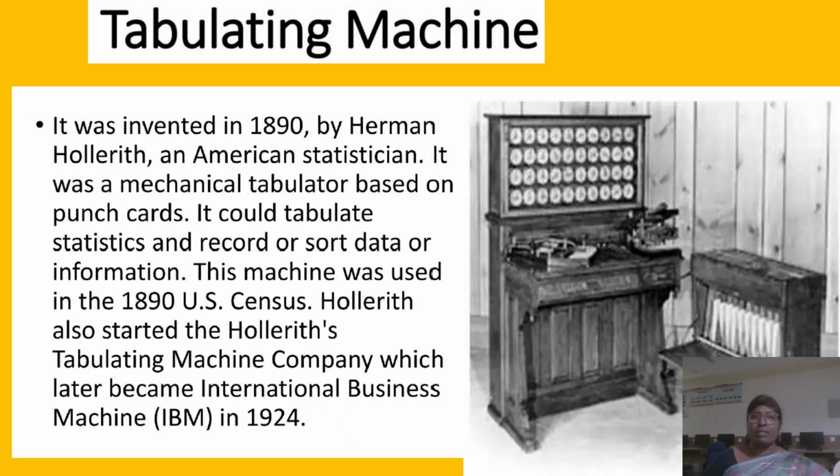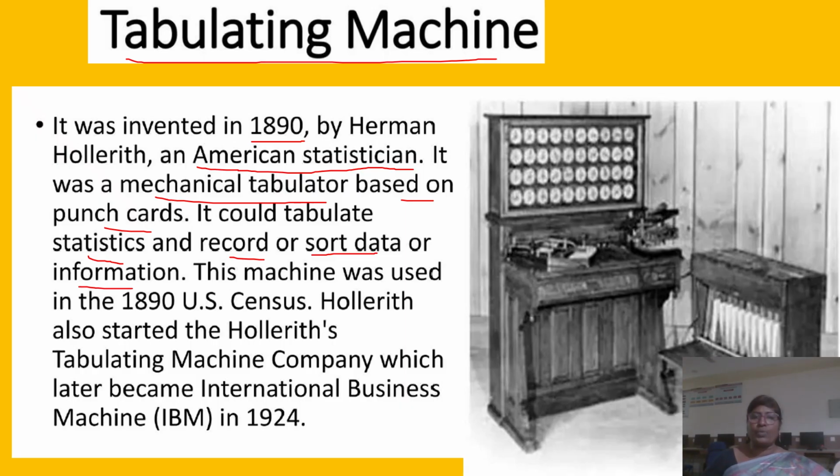And next is the tabulating machine. If you observe this picture, this was invented in the year 1819 by Herman Hollerith, an American statistician. It was a mechanical tabulator based on punch cards, and it could tabulate statistics and records or sort data or any information.